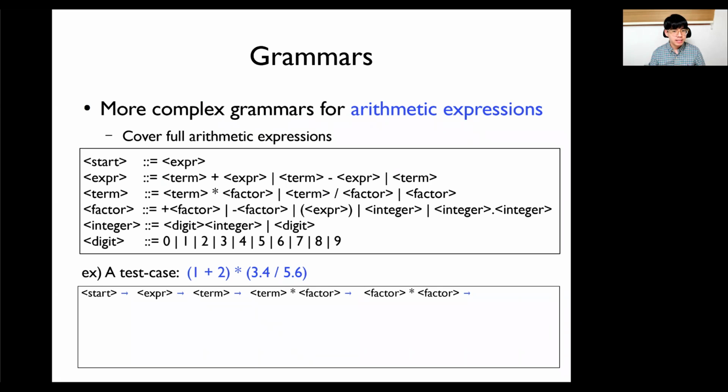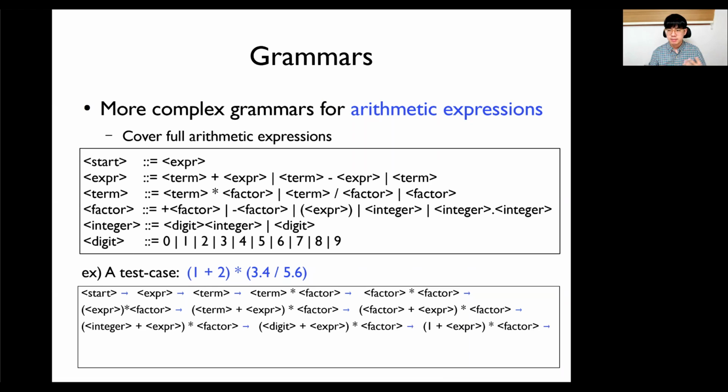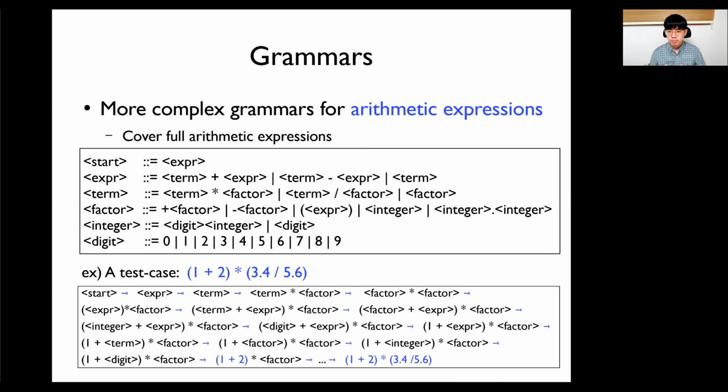And in this way, if we continue to apply the expansion rule that replaces the symbol on the left with the symbol on the right, it will be possible to expand into a test case depicting 1 plus 2 multiplied by 3.4 divided by 5.6.